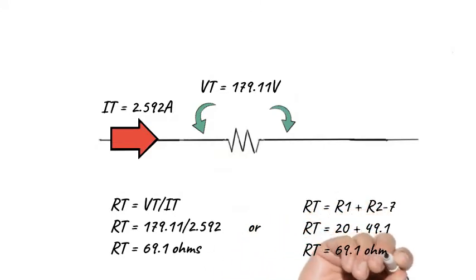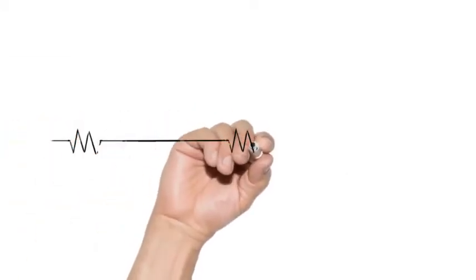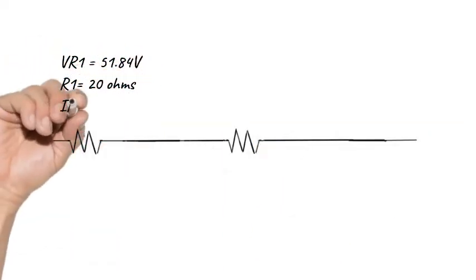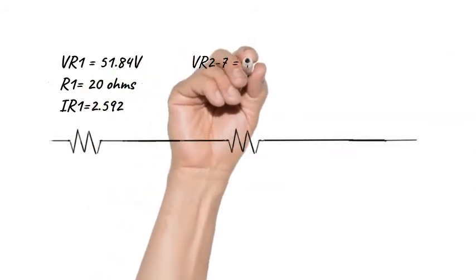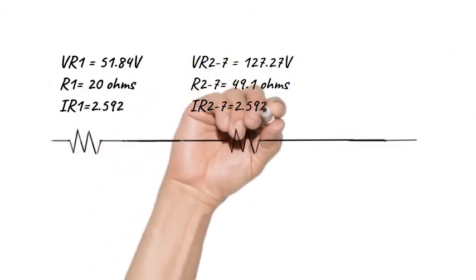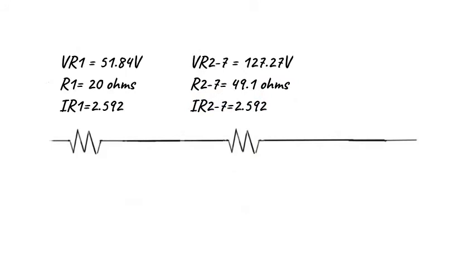And now comes the fun part, where we get to expand this circuit back out and solve for any unknowns that are remaining. If we look simply here, we know that we have the voltage, the resistance, and the current across R1, and that we have those same things across our grouping of resistors.